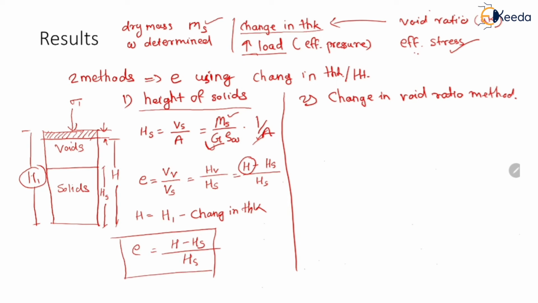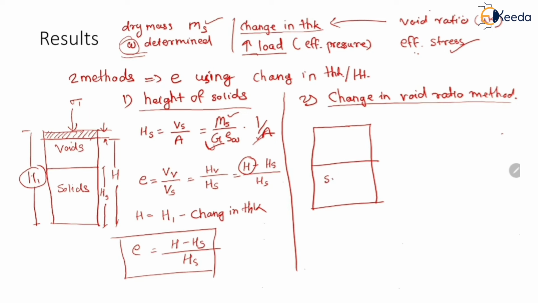Now the second method is the change in void ratio method. Now let us discuss the second method, which is the change in void ratio method. This is the phase diagram for the soil. These are solids, voids. This is the height of voids and this is the height of solids.